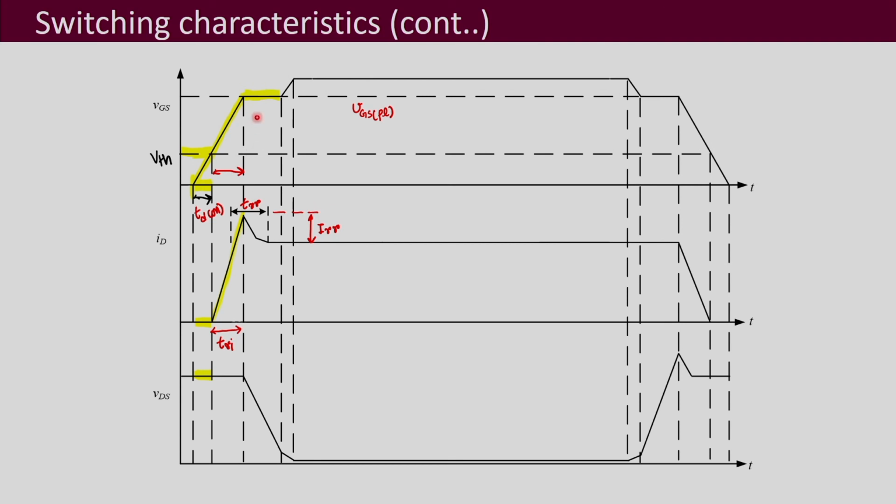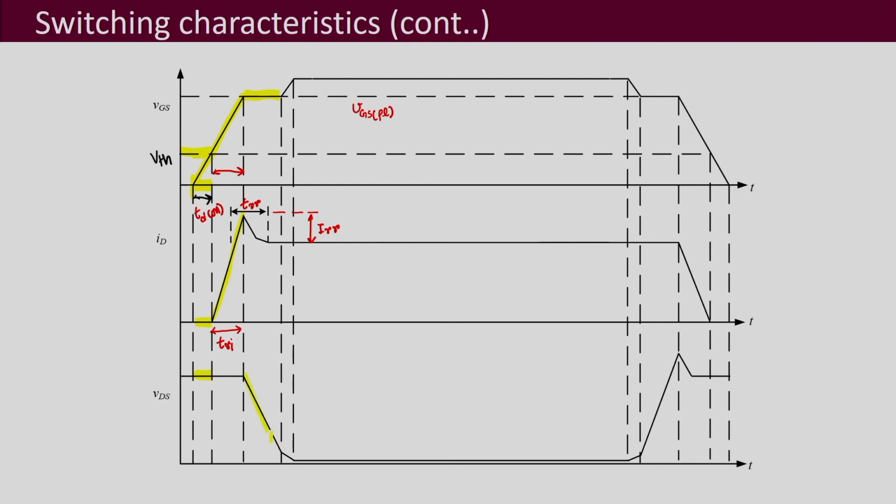Now, when this Miller period is going on, the current, of course, does not change much, it is basically the reverse recovery current which is reducing, but the voltage has a huge change. The voltage goes from the off state voltage to almost very close to the on state voltage drop.